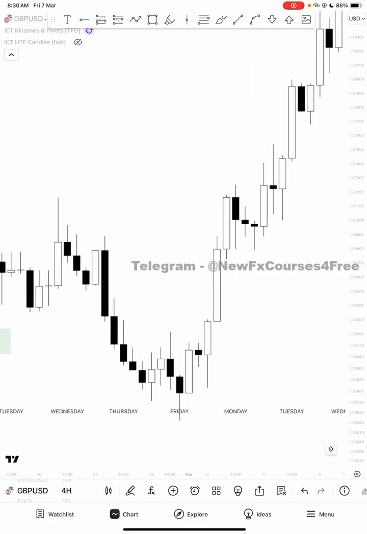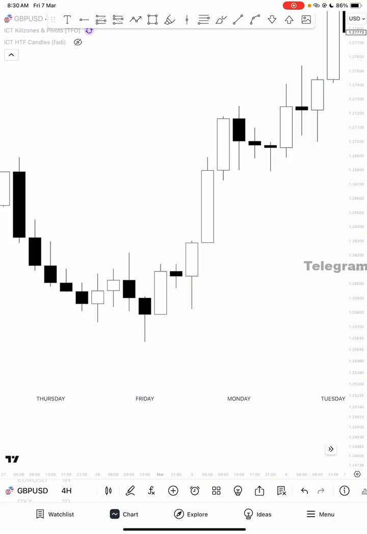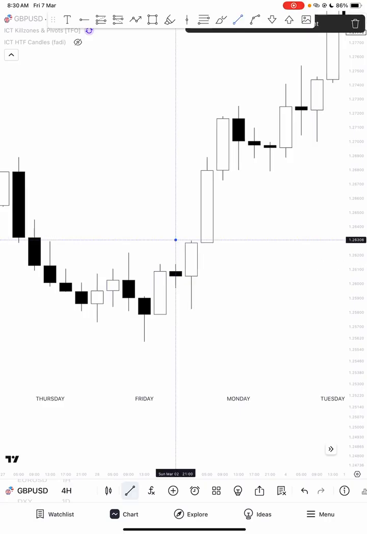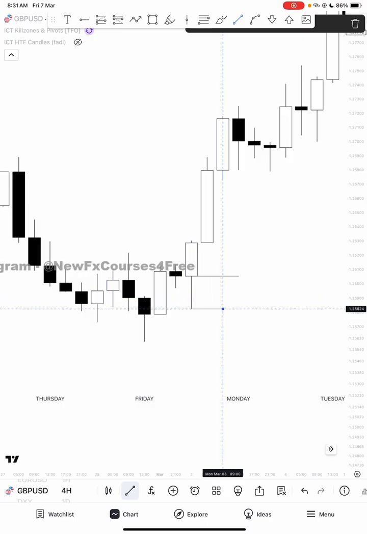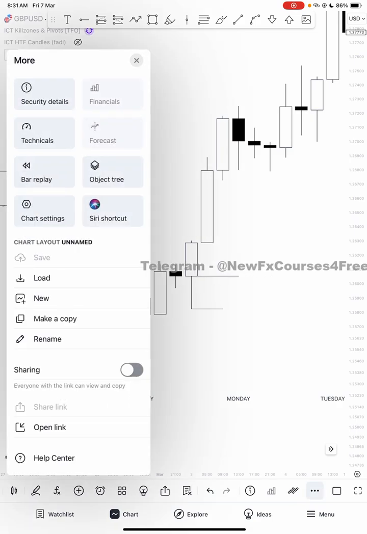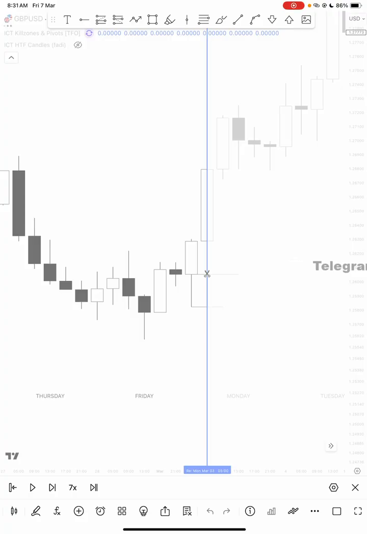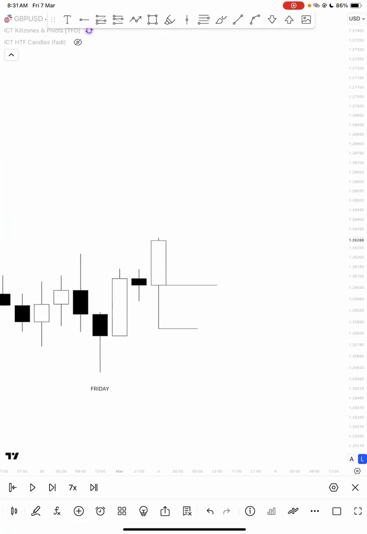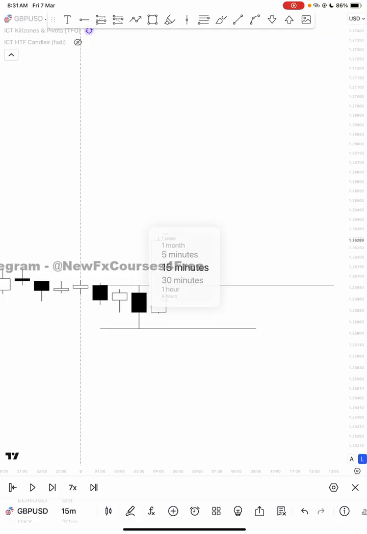And it can also be used on the 1 hour as well. So let me say this open and low of this 4 hour candle. Let me go back and down to the 15-minute time frame.